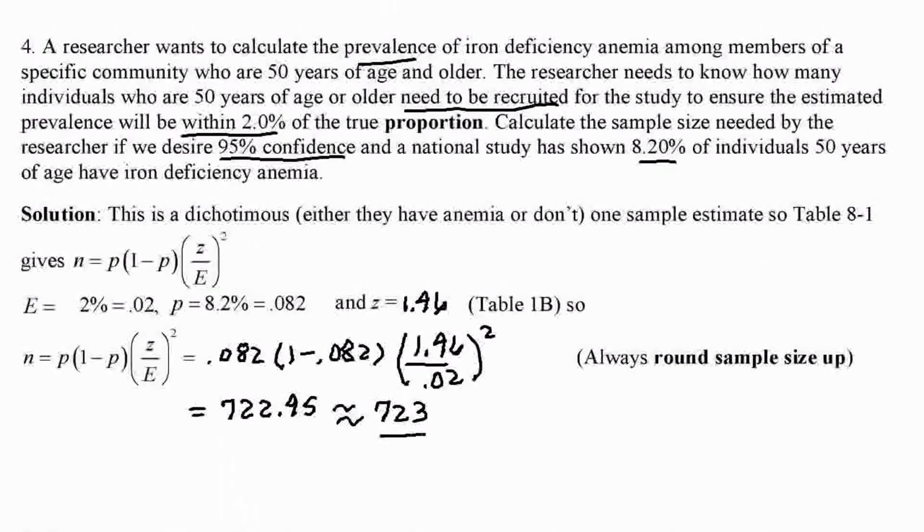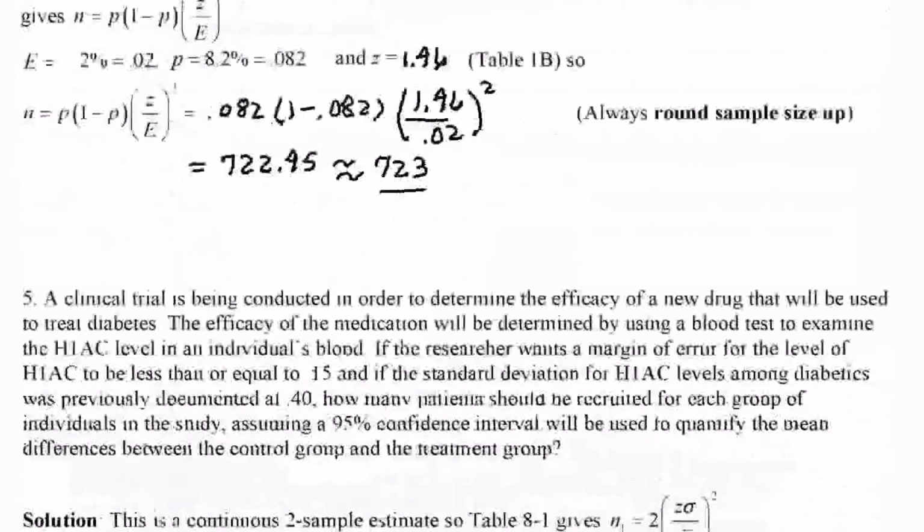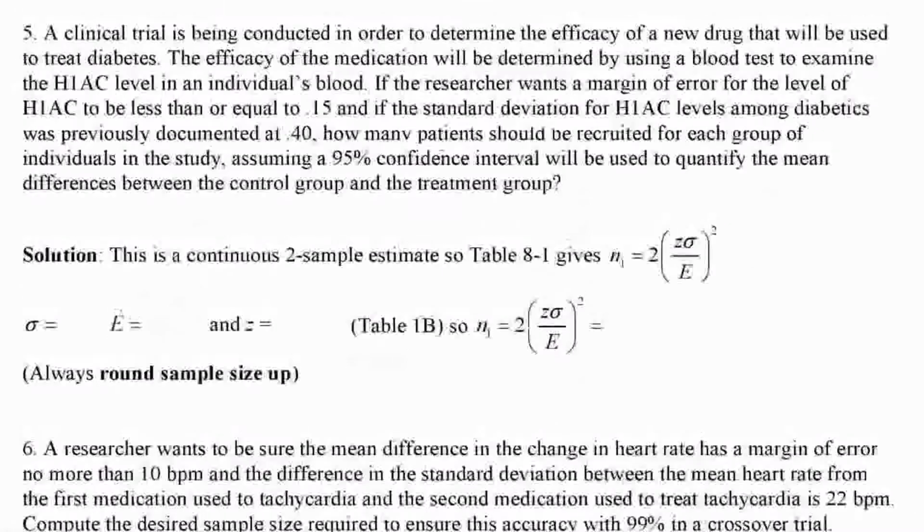So let's go ahead and take a look at the next question here. So in question number 5, we have a clinical trial that's being conducted in order to determine efficacy of a new drug that will be used to treat diabetes. We're going to measure efficacy with a blood test, hemoglobin A1C, and the researcher wants a margin of error for the level of HbA1c to be less than or equal to 0.15.